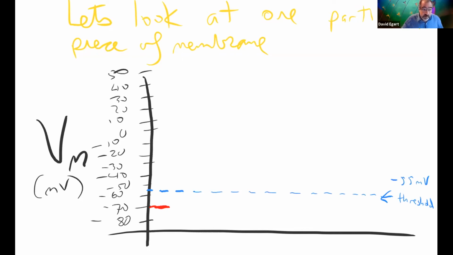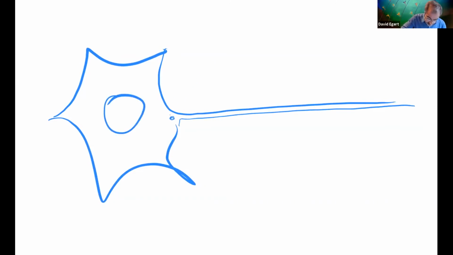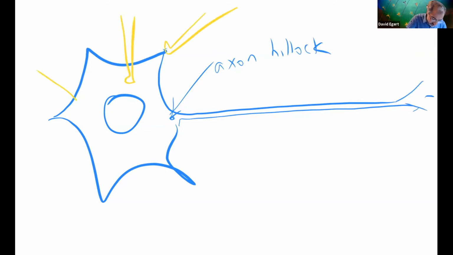A cell, I said, is at minus 70, but it can change depending on the graded potentials. If you're looking at a cell with all these synapses coming onto it, some neuron, let's just draw that. Here is my neuron. Here is my axon. Here's my axon hillock. And here are all of these synapses coming in.